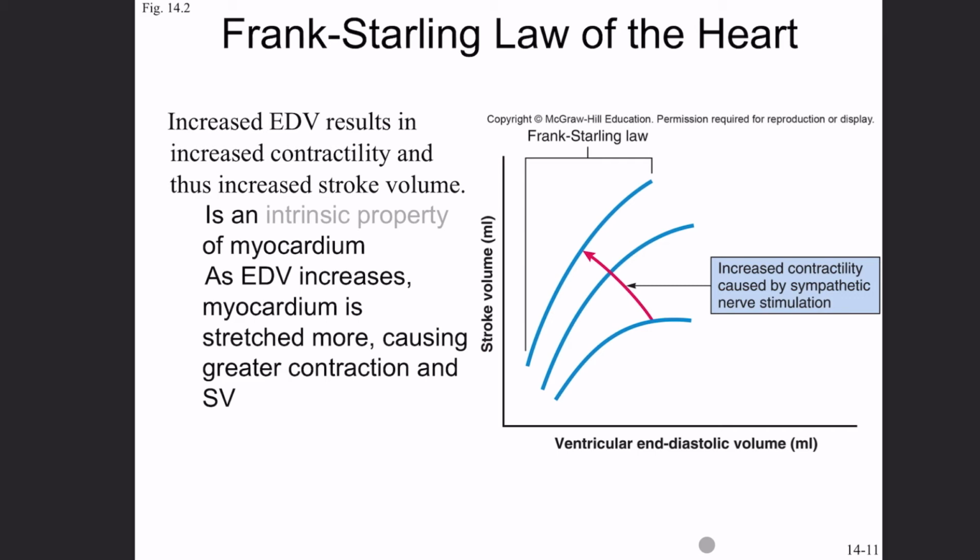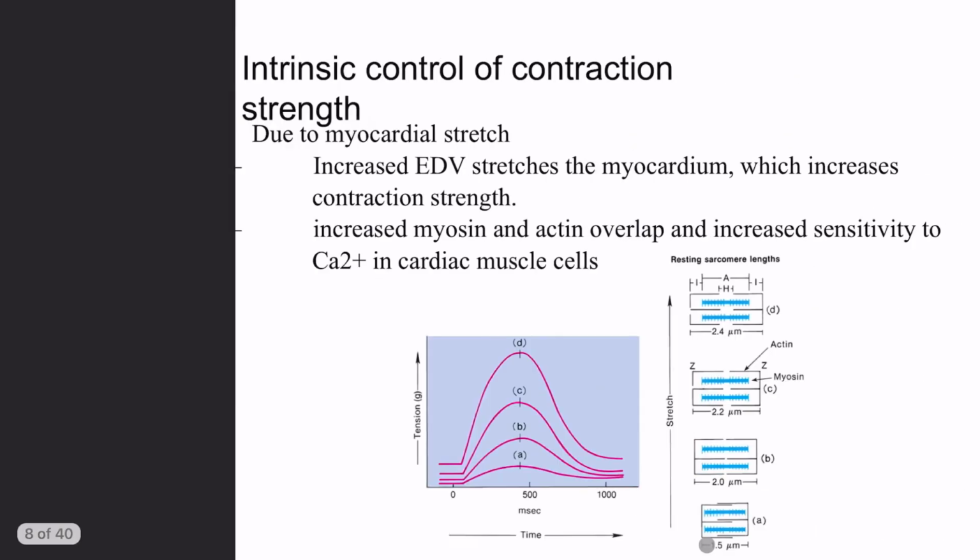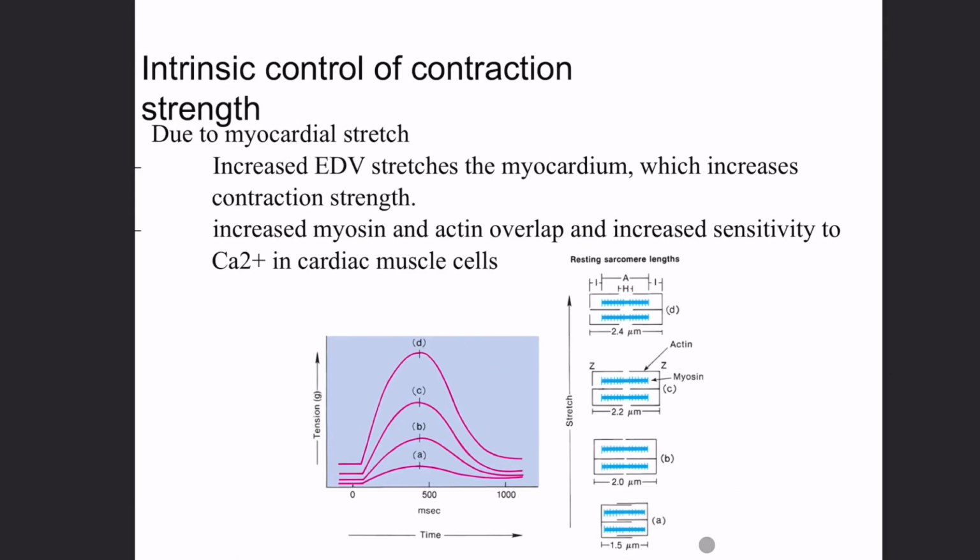So they saw this correlation between end diastolic volume, contractility and stroke volume. And so this graph is showing that when end diastolic volume increased, stroke volume increased too, because there was a greater contraction in the heart. The cardiac muscle fibers would contract more strongly. And so what they saw was this intrinsic control of contraction.